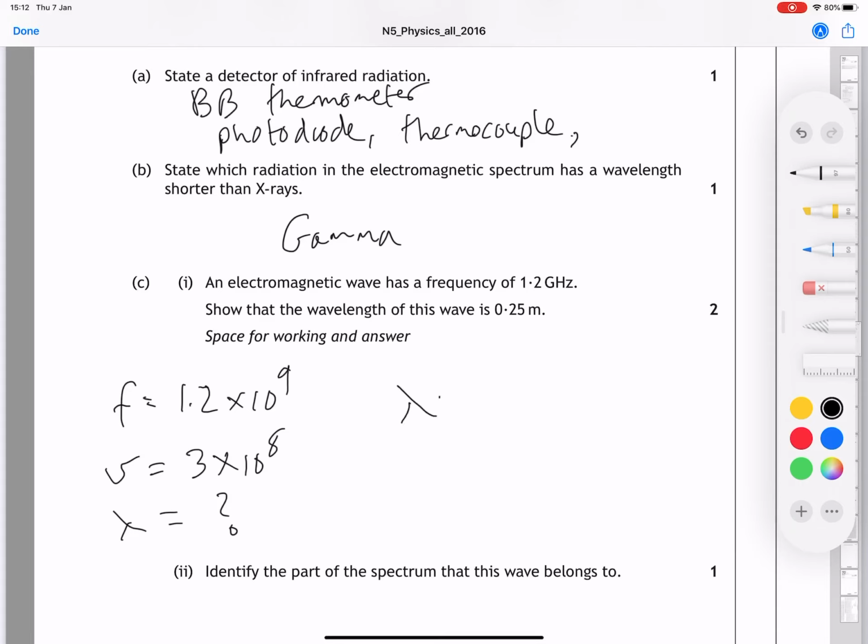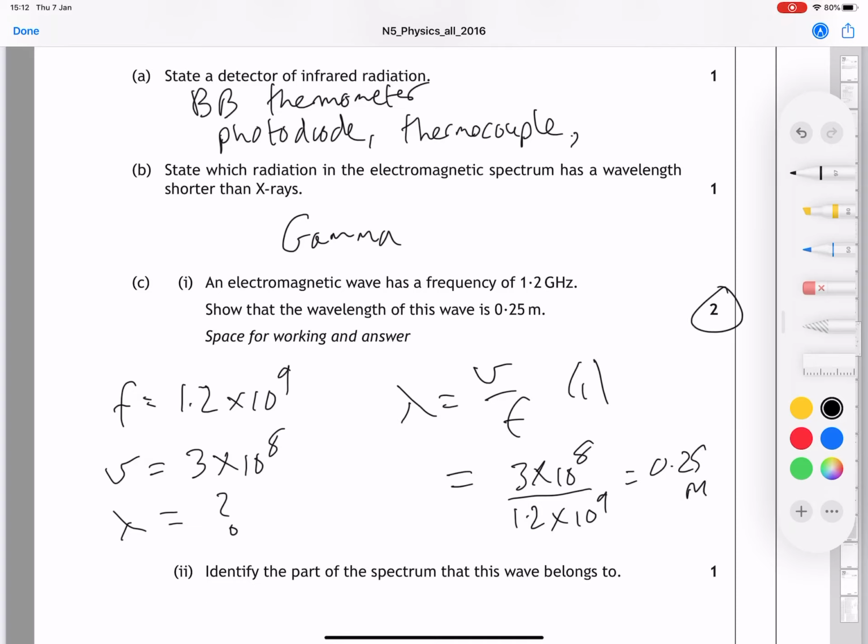So wavelength equals speed divided by frequency. That's your first mark. Second mark is putting in the right numbers. 3 times 10 to the 8 divided by 1.2 times 10 to the 9 equals 0.25 meters. 1 mark for the equation, 1 mark for putting in the right numbers.